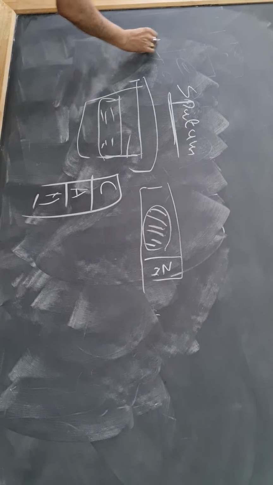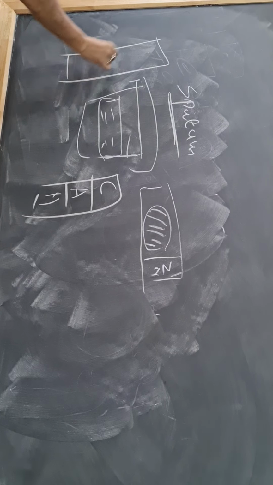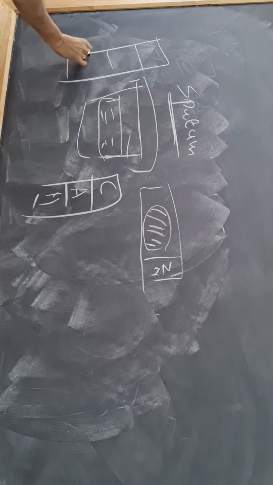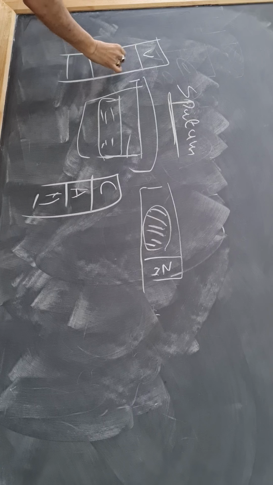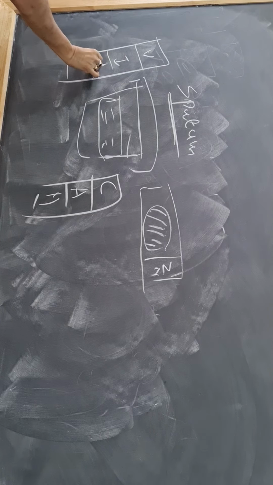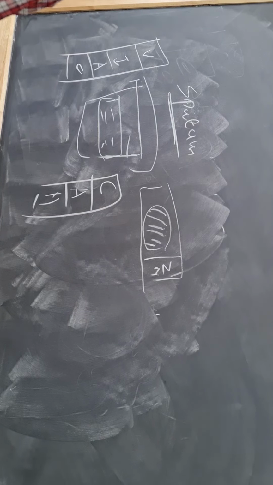For the gram staining, you remember the mnemonic VIAC. Whereas for tuberculosis, you remember it as CAM.